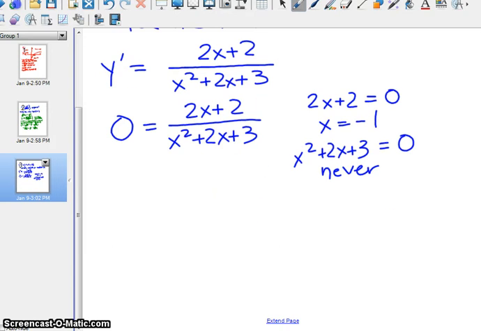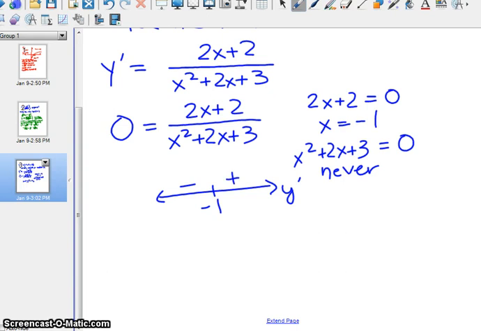So I want to put -1 on my first derivative number line, which I have labeled. If I plug in -2, I will get a negative number. If I plug in 0, I will get a positive number.